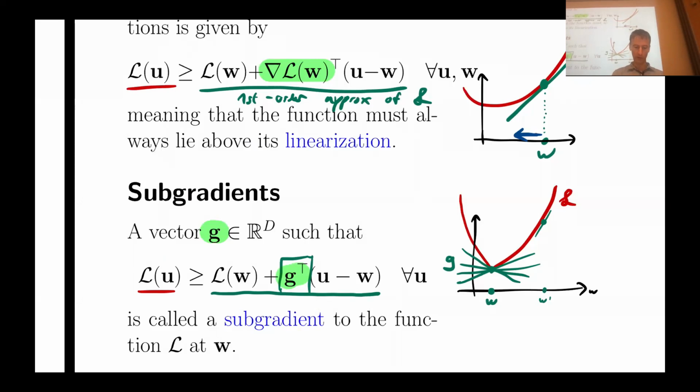So again, green models defined the same way as a first order approximation. Just say the value you currently have plus the linear approximation. So if there exists such a G that the F is always above, sorry, L is always above, then we say this G is a subgradient at where we currently are. Does that make sense?